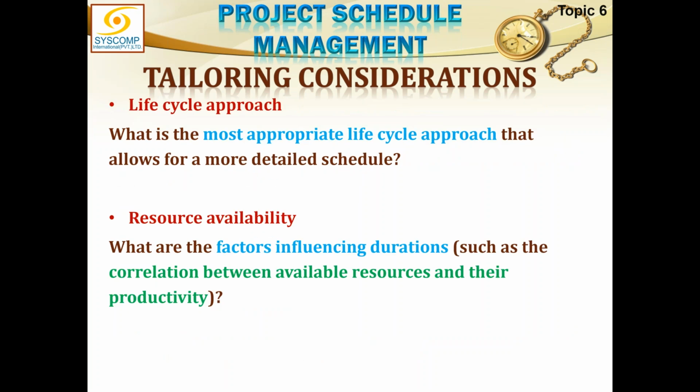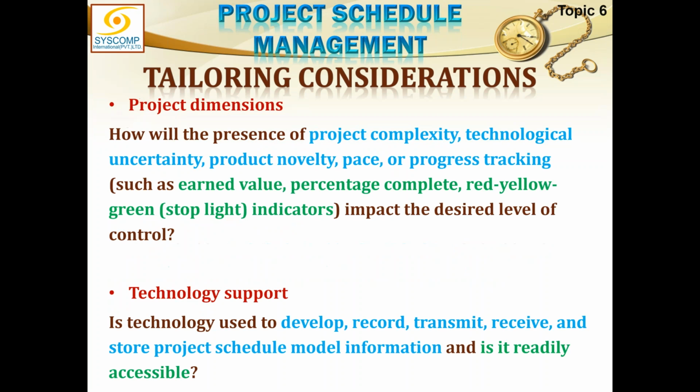The life cycle approach means what is the most appropriate life cycle approach that allows for a more detailed schedule. Resource availability: what are the factors influencing duration, such as the correlation between available resources and their productivity.